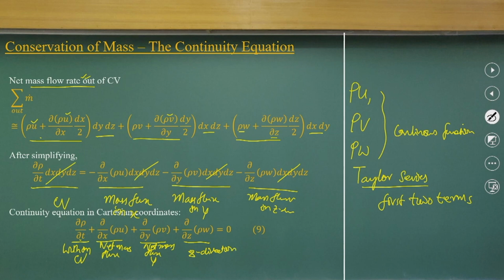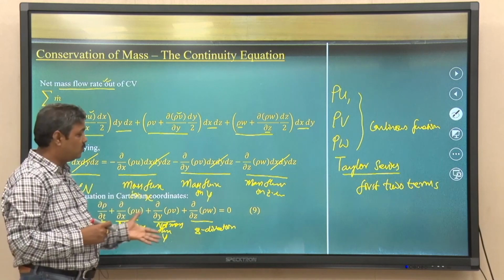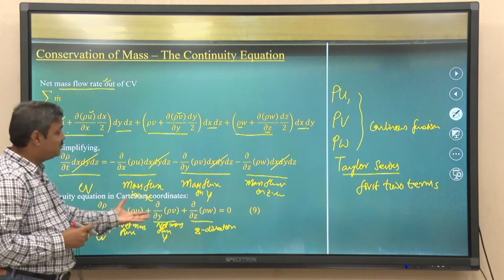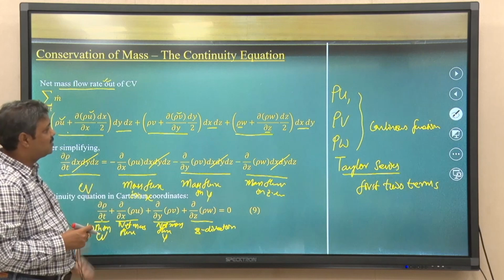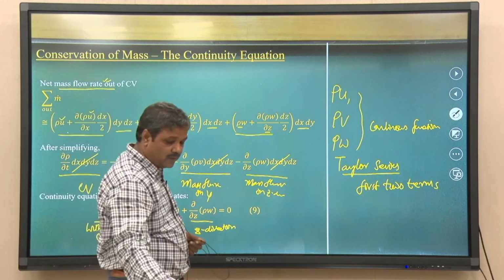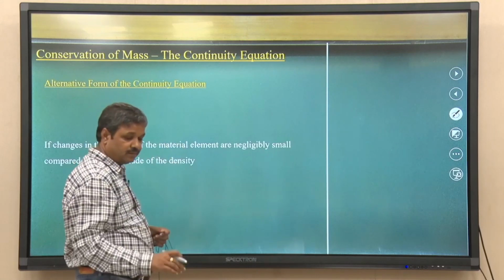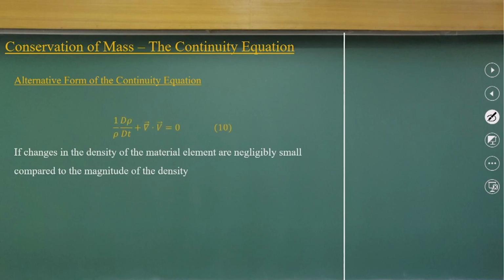So, if you look at it with a smaller, infinitesimal control volume, we can also derive the same equation that we derived from the Gauss theorem, and I can always write it in a compact form.